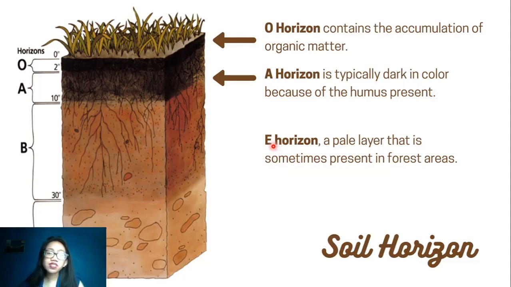But E horizons are locations where there's not much nutrients because, as we have mentioned in the hydrologic cycle, water infiltrates from the surface downwards into the water table. So what happens in the E horizon, the materials within the E horizon get washed up and then moves to the other horizon or soil horizons.